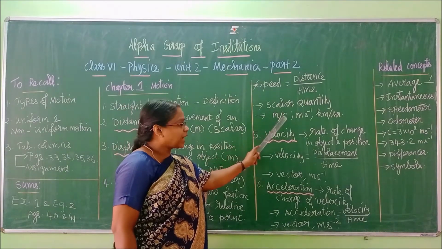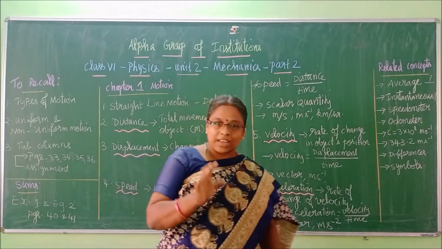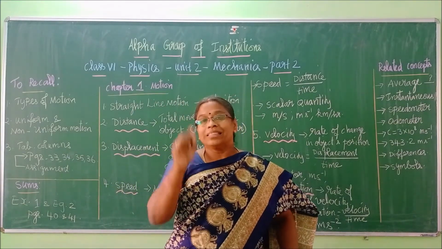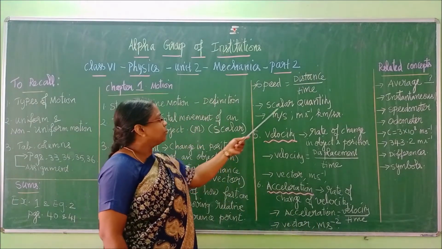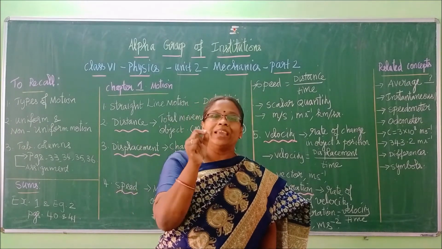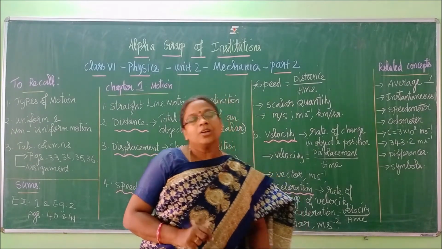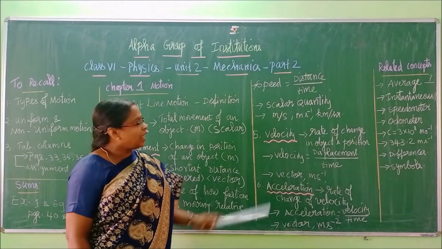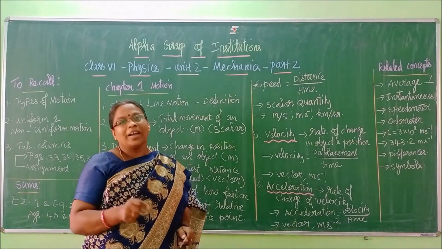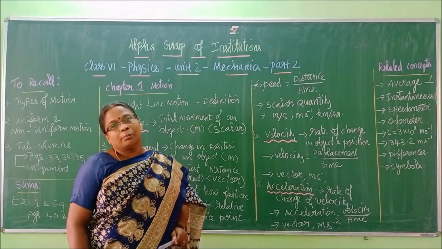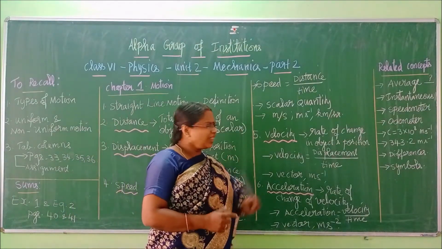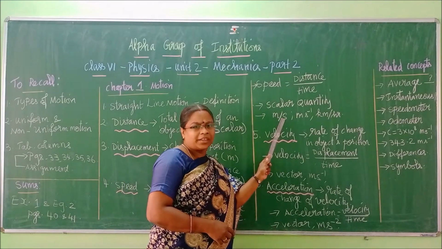So the unit is meter by second. Usually we say it like this, but when we are pronouncing that unit, instead of "by" we should say P-E-R, per. Meter per second. Now the second is in the denominator.